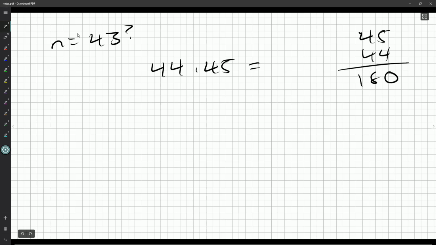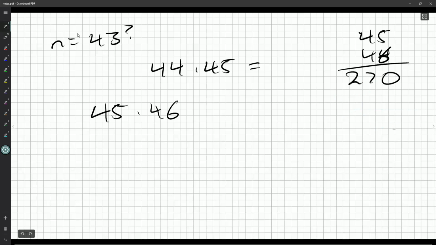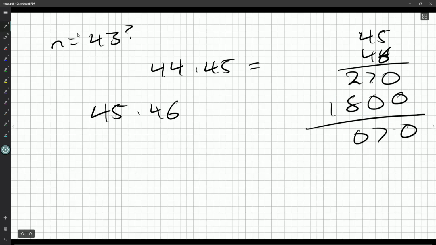So that'll be 180, 180. So 0, 8. So 1980, no it won't, but 45 times 46 will work. Because that would be... 6 times 45 would be 270, and then 180. 0, 7, 0.